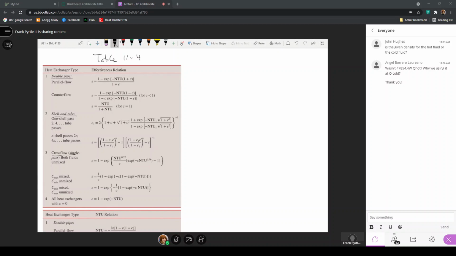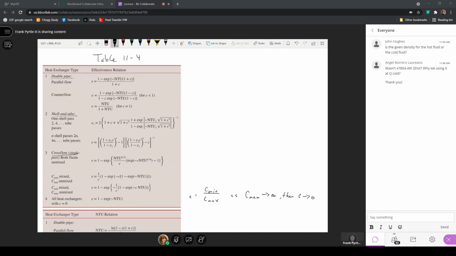Then we have a special case, for all heat exchangers with C equals 0. If C is C min over C max, then as C max approaches infinity, C goes to 0. The case where we consider C max going to infinity is where we have phase change occurring, because phase change occurs at a constant temperature.